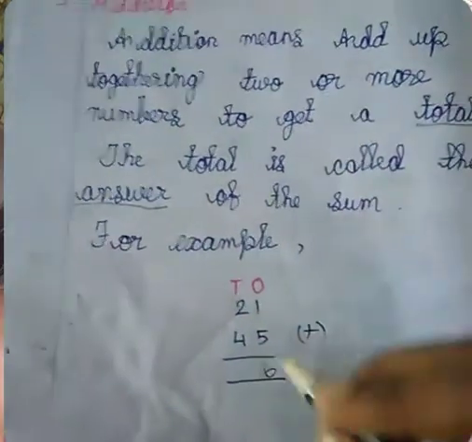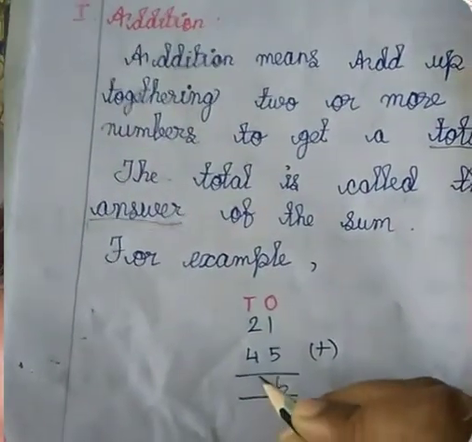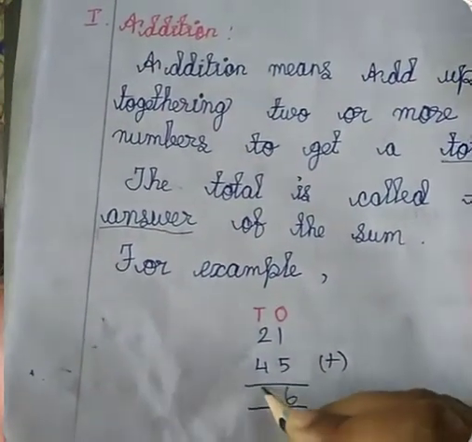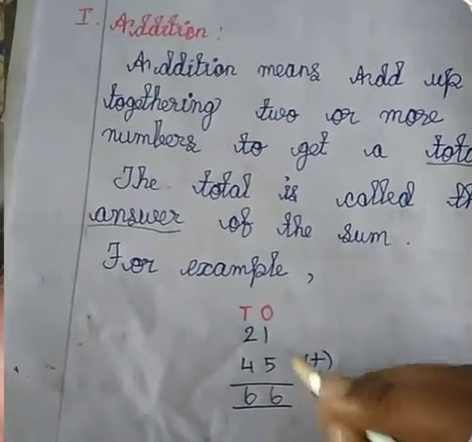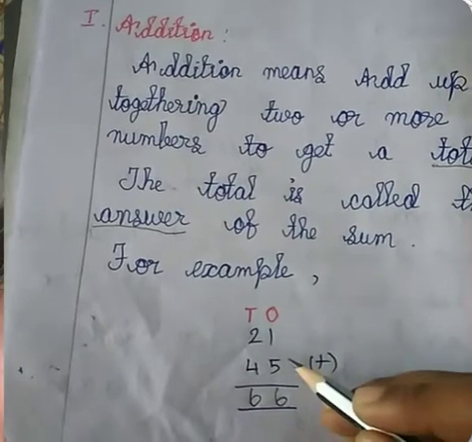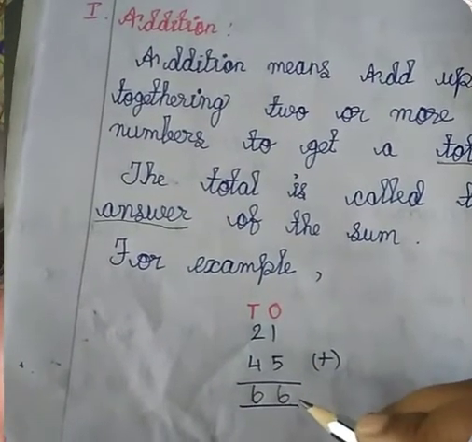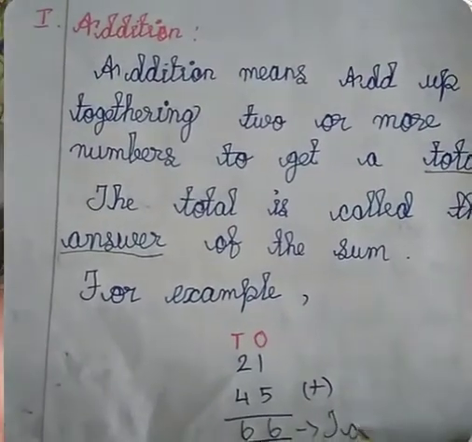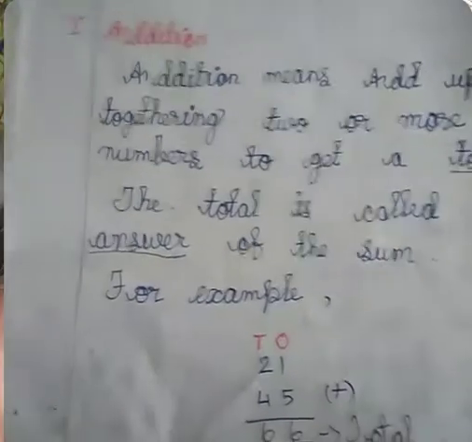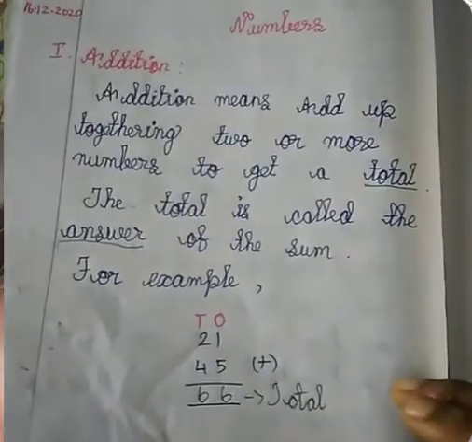What is the answer? 6. You write 6 in the tens place of the answer. What is the answer of adding these two numbers? 66. We are getting the total 66. This is called the total and also called the answer. This is the normal addition sum.